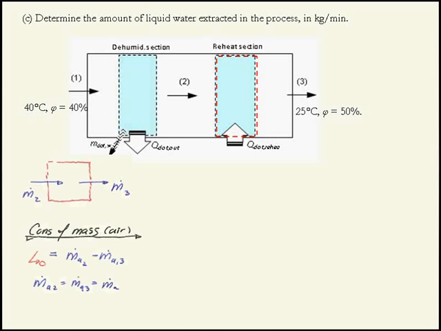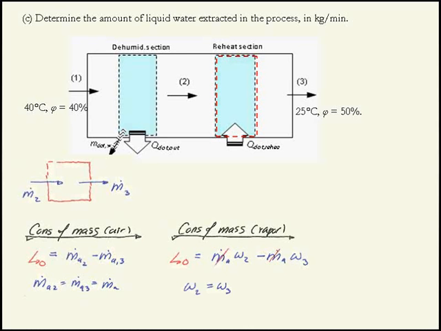So there's my system. Apply conservation of mass to the air, equally as boring as before. Conservation of mass to the water vapor, again writing those flow rates of water in terms of mass flow rate of dry air times the humidity ratio. And now I go, aha! Conservation of mass for the water from 2 to 3 shows me that the humidity ratio remains constant going from 2 to 3.